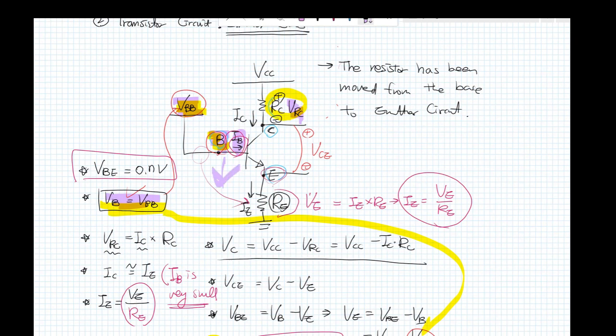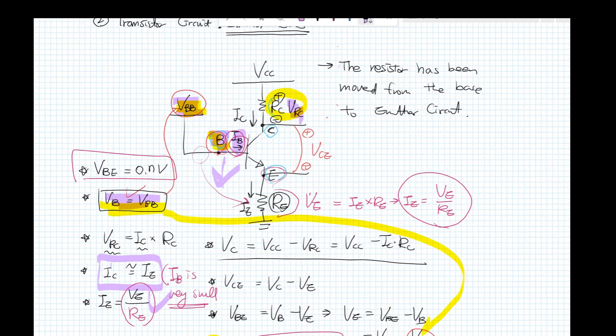Very small. This is why I sub C is almost equal to I sub E. So how can we find the I sub E? Maybe I sub E is equal to V sub E divided by R sub E.